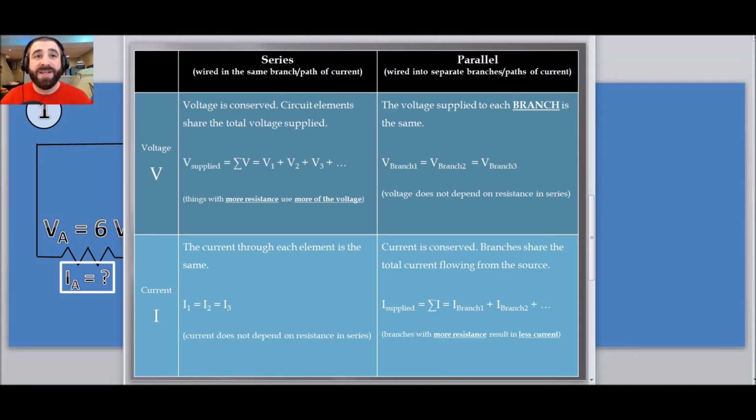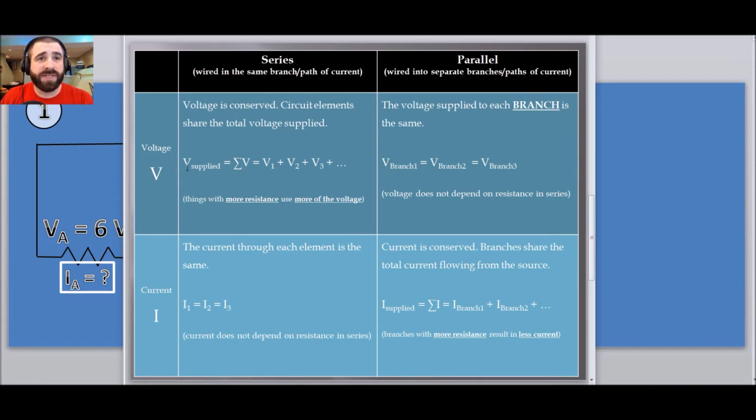So these are the main behavioral patterns that we derived from our experiments. We saw that when we wire things in series, the voltage across each of them was conserved, right? So the total voltage we applied to a branch, because everything in series means it's in the same branch or the same path of current.